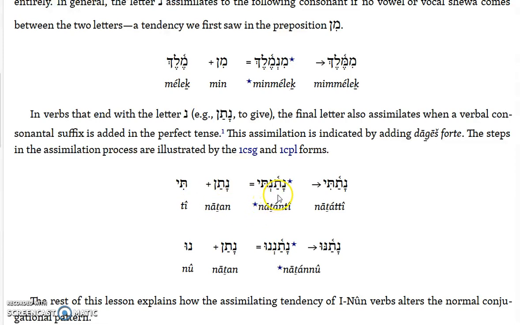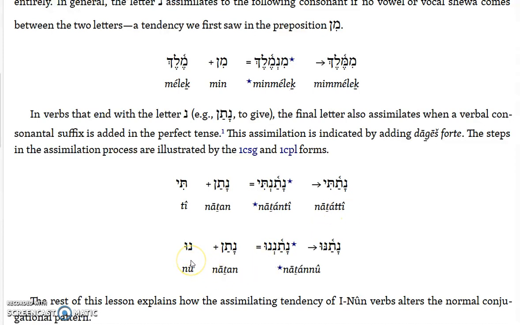But what will often happen is that the noon, being pressed up against the tav, wants to be just like the tav, and so it becomes a tav. And so instead of natanti, it becomes nattati. And instead of writing two T's, you just write one T and let the dagesh serve both as a stop and as a doubling. And the form you'll actually see is natati. And that is the assimilated noon.